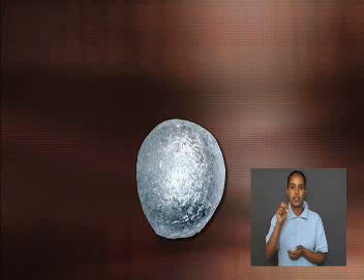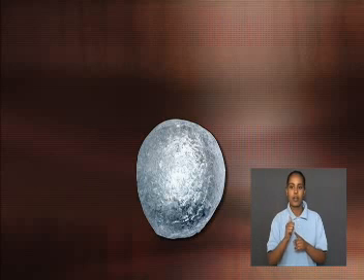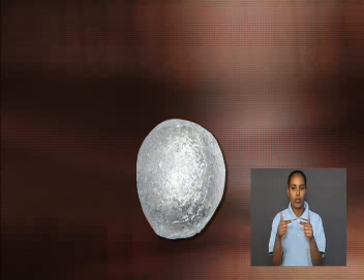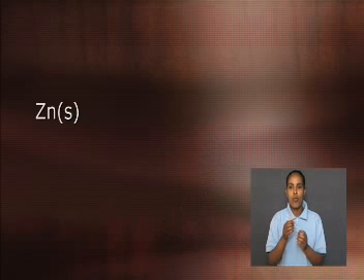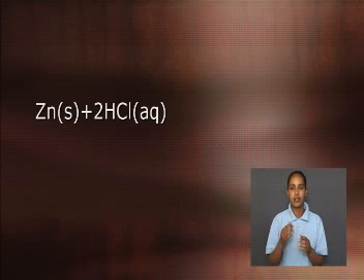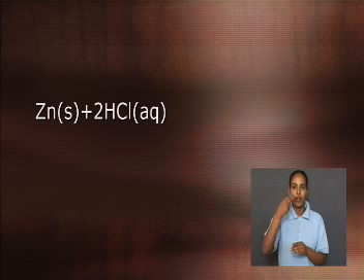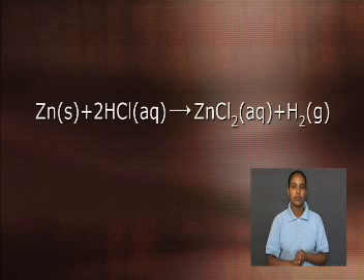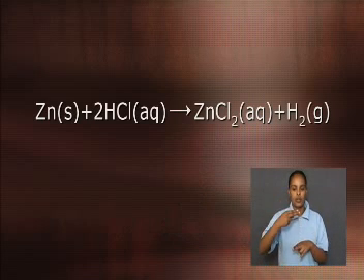Zinc is a silvery-colored solid metal. It tarnishes very quickly when it comes into contact with moist air. Zinc dissolves in dilute hydrochloric acid, setting hydrogen gas free in the process.